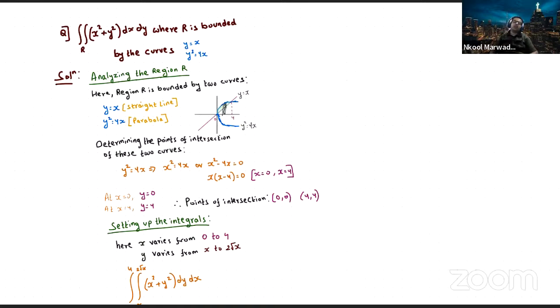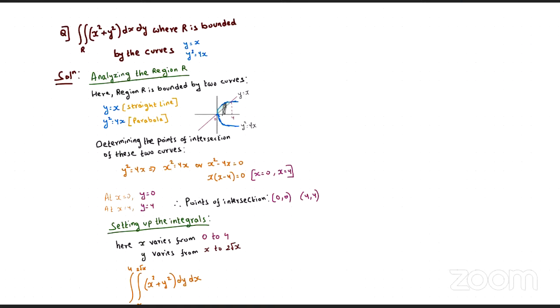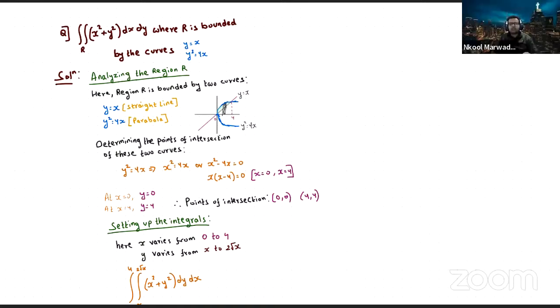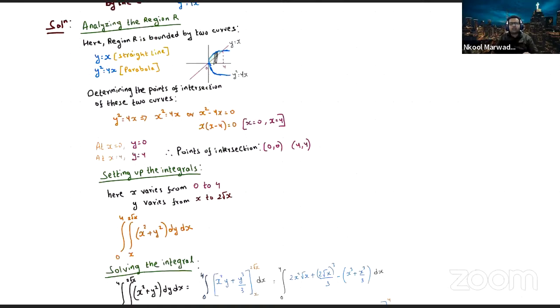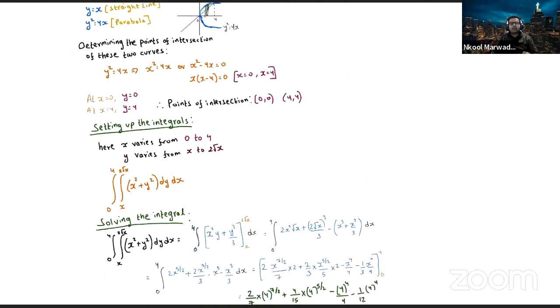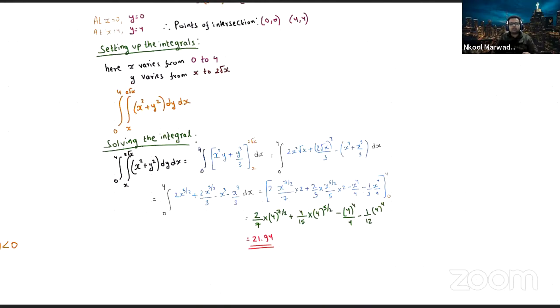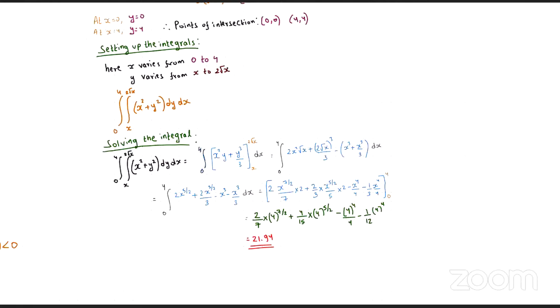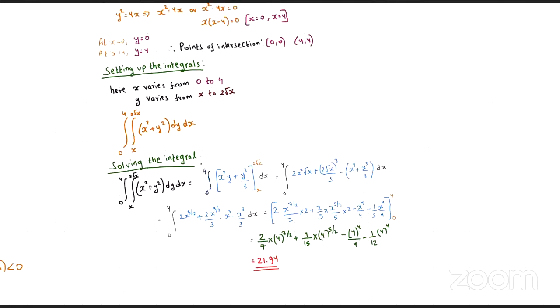And if we are taking the vertical strip, then first we have to do the dy. So we have to find the limits: y goes from x to root x, and x is varying from 0 to 4. That's it. Then we converted it into a basic problem. We solved it. We got the answer. Got it, sir. One more problem we can do.